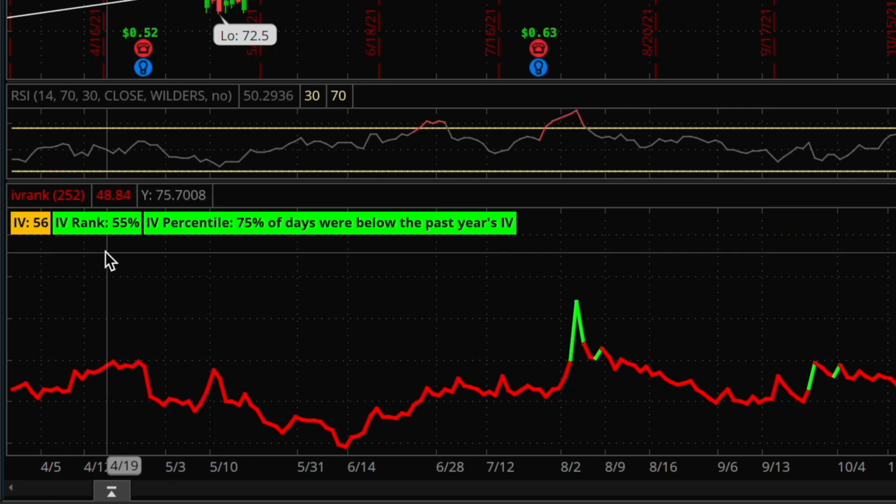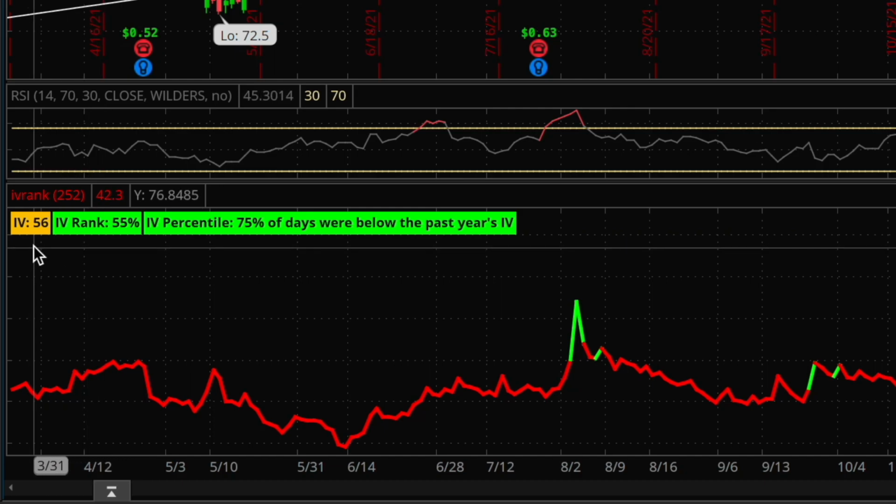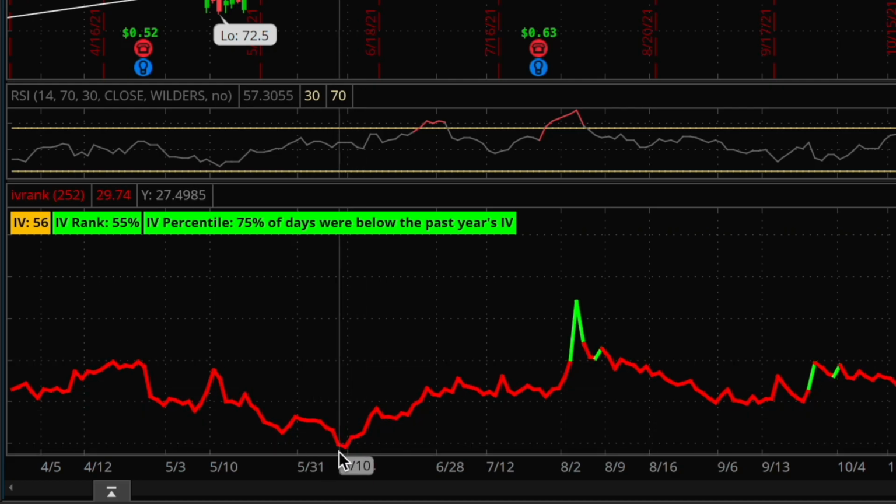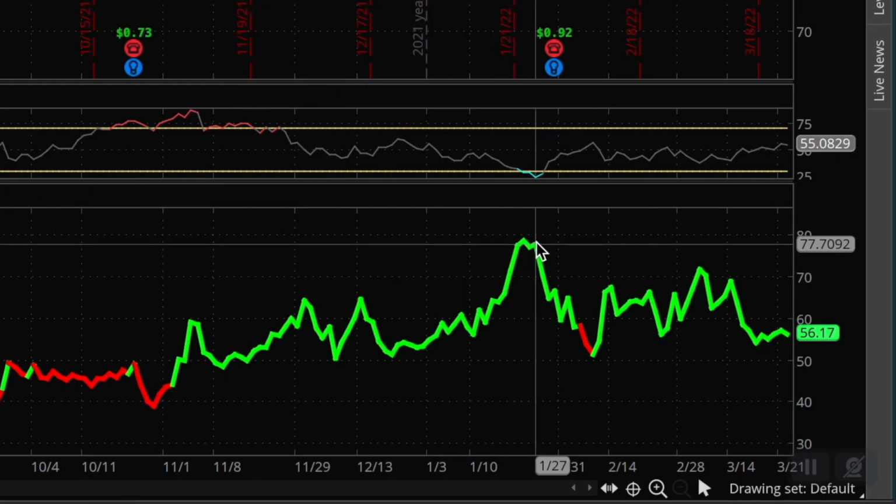So the IV rank, for example, will compare the current value of implied volatility to the lowest point the IV has been in the past 1 year. So in this chart, that would be right around here, back in June of 2021. And it will also compare it to the highest point in the past 1 year, so right there.